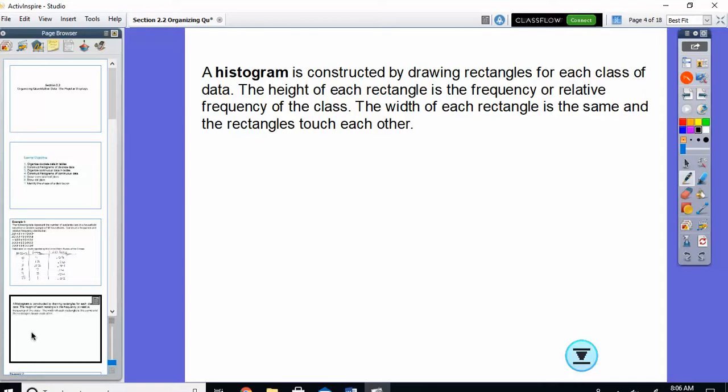So that means if I'm going up to 5 cars, even if maybe nobody had 3, I would have to include it on my graph so that we're just going up by 1 each time. I can't only put the numbers that show up. We have to be sequential in it. And our rectangles have to touch when we draw it. That is the one big difference from the bar graph. We do have to make sure we have numerical values, so increasing by consistent amounts, and those rectangles touch when we graph them.